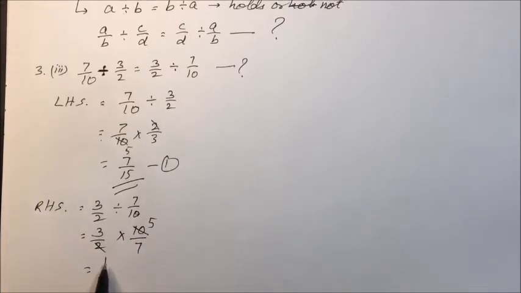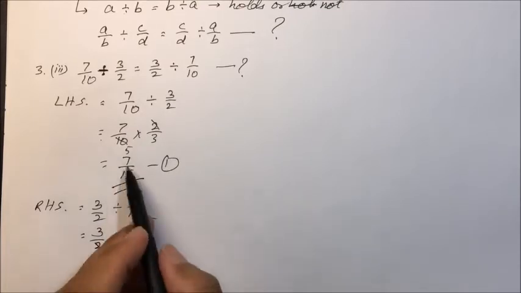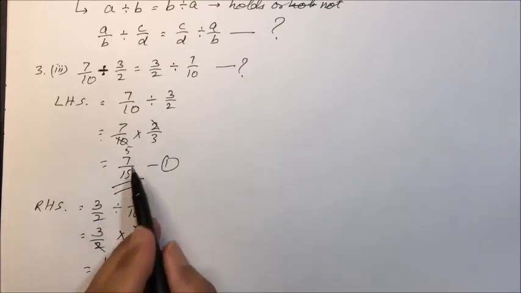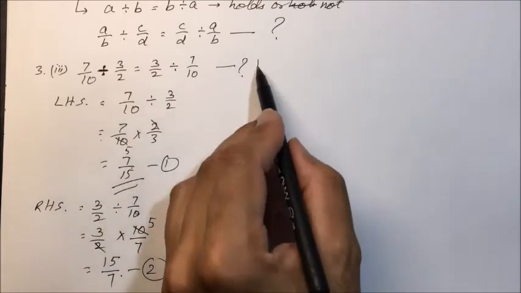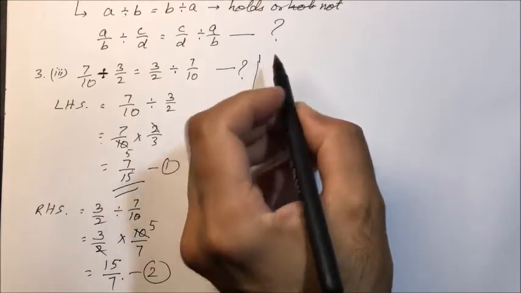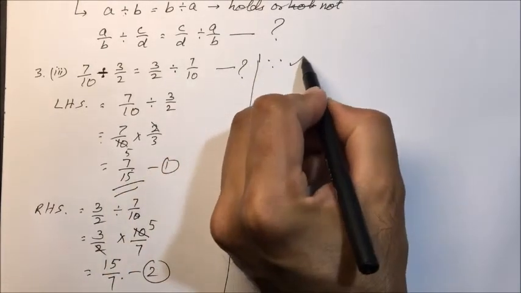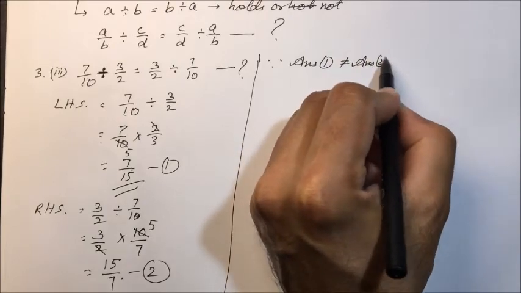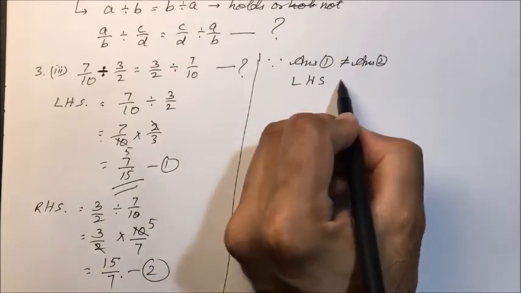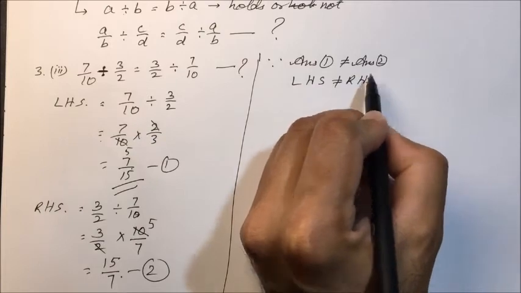So here we are getting 15 upon 7. So answer first and answer second, they are different. They are different rational numbers. So since answer 1 is not equal to answer 2, LHS is not equal to RHS.